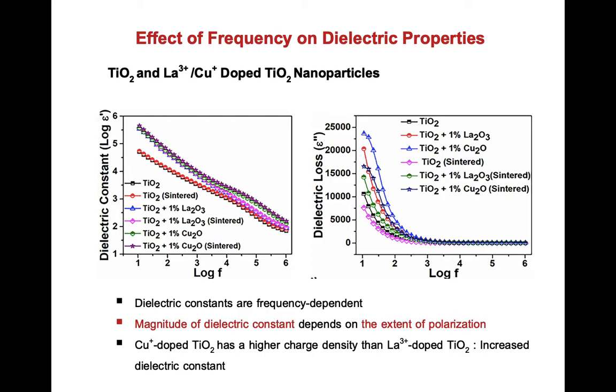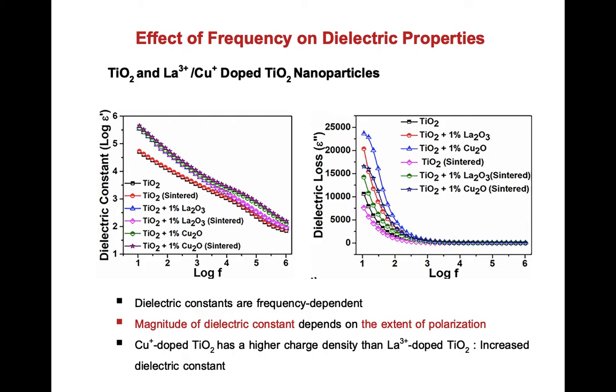The charge variation in the crystal site causes modifications of the local field and accounts for the significant change in the dielectric property of doped titanium dioxide compared to the undoped sample. The magnitude of the dielectric constant depends on the extent of polarization, which depends on the concentration of charge involved in the process.